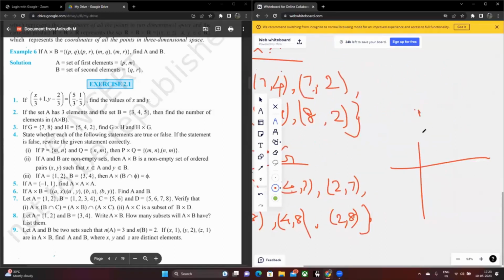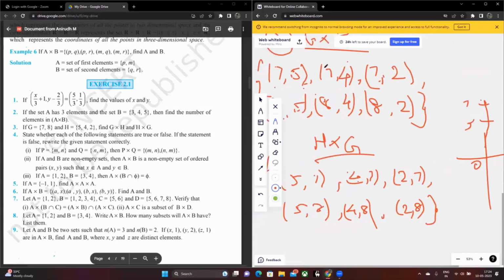Drawing the Cartesian plane, you can see that (7,5) lies somewhere here, while (5,7) lies somewhere here. They are two distinct points, and so these are two distinct pairs.